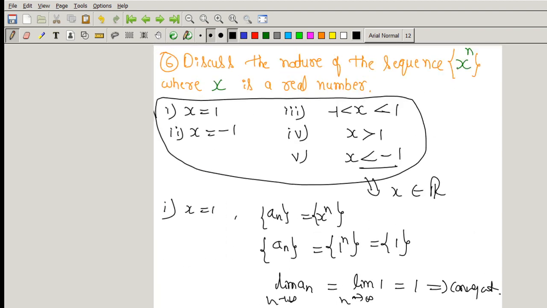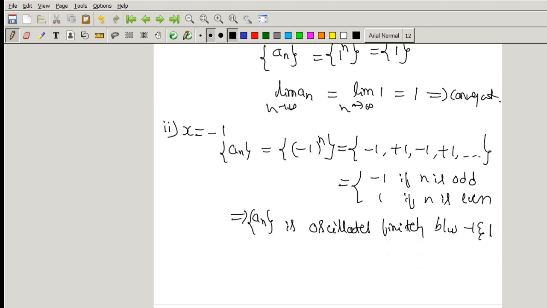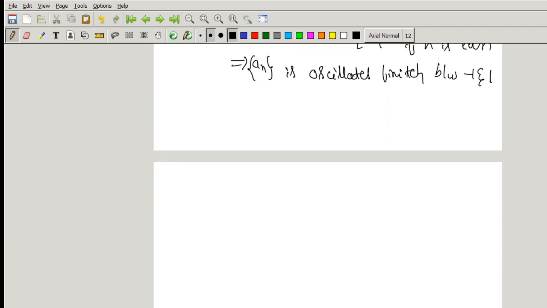In the third case, x lies between minus 1 and plus 1.